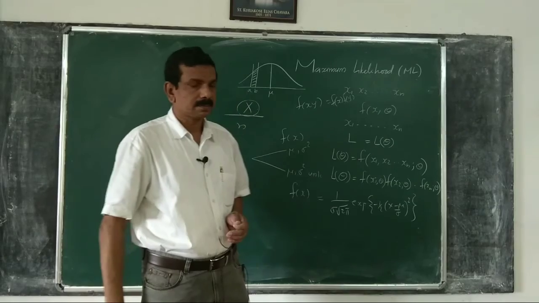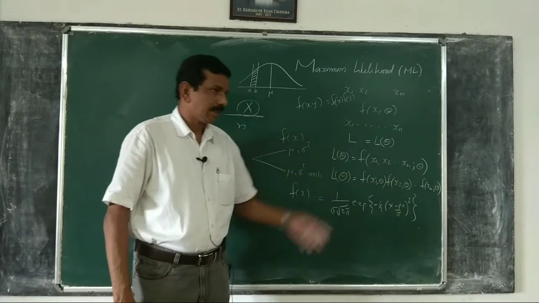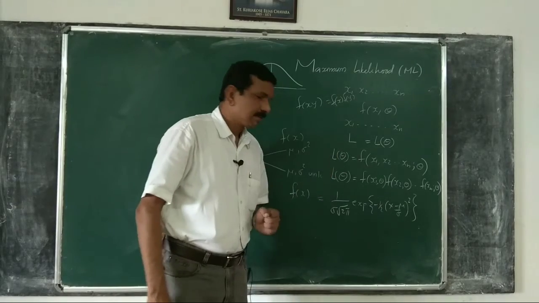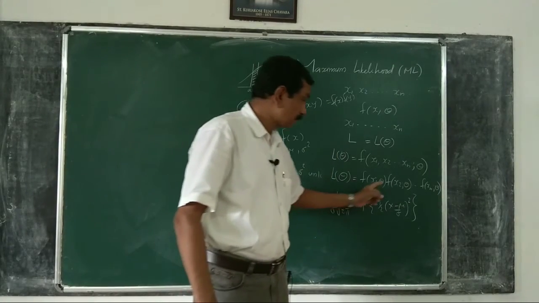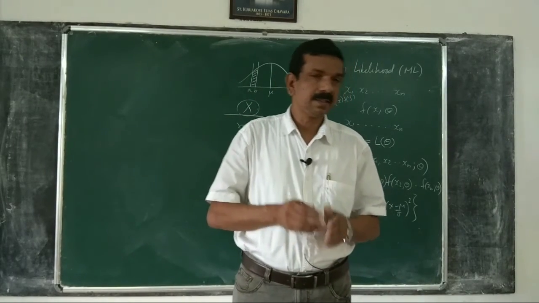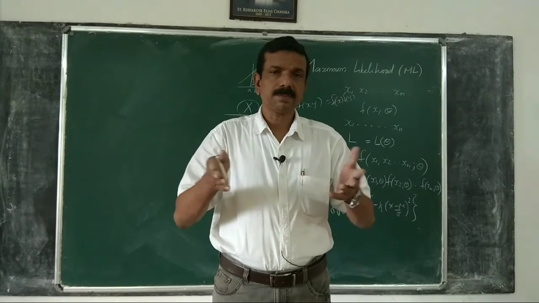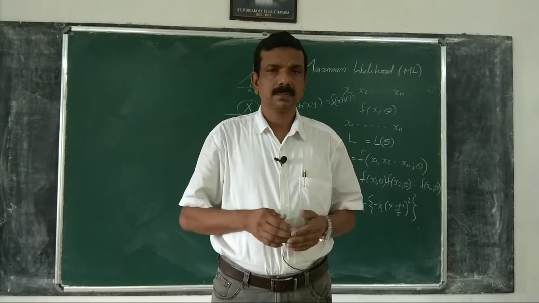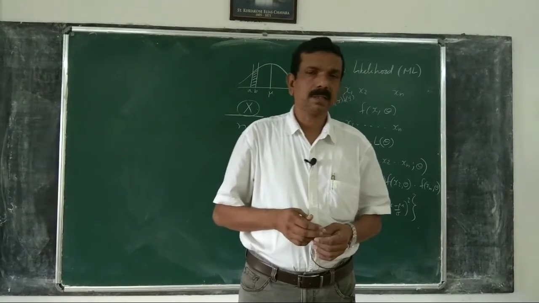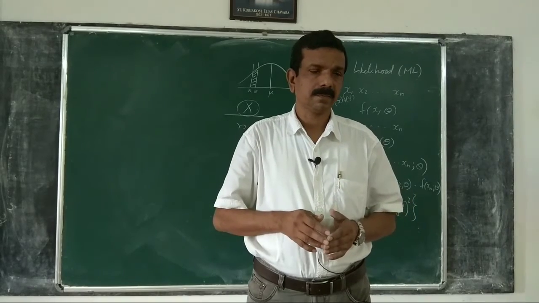And remember this, we will not repeat this process again and again, because we know that the function L theta is a function of theta, because theta is unknown. So what we do is we differentiate L with respect to theta, equate it to 0. The resulting estimator theta hat is the maximum likelihood estimator of theta, because it is the first order condition for maximum.